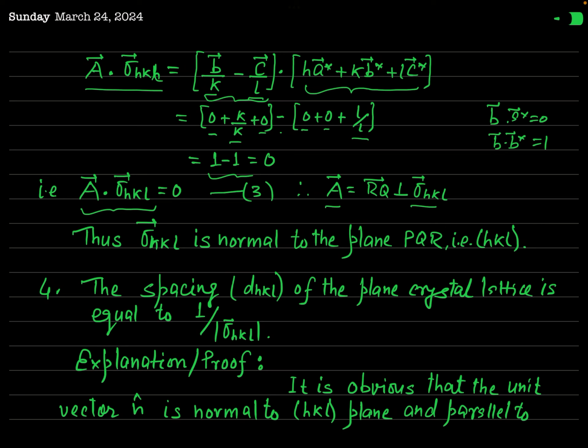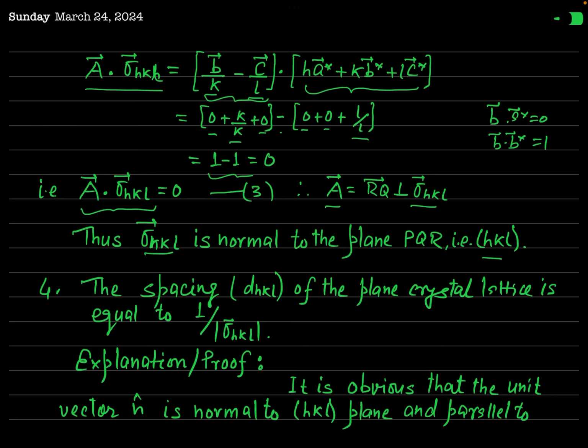So we can easily say that this sigma HKL will be perpendicular to any line drawn in that plane, and therefore this sigma HKL is perpendicular or normal to the plane PQR, that is the plane HKL. Okay, so remember this property.